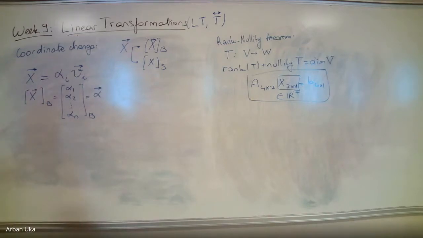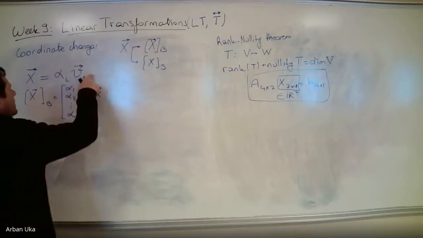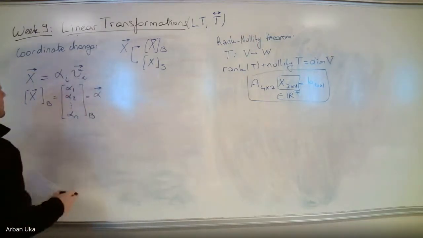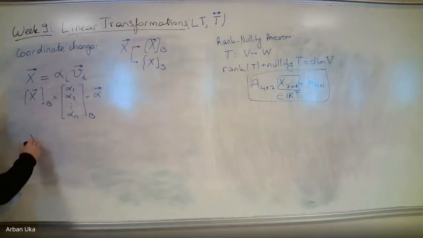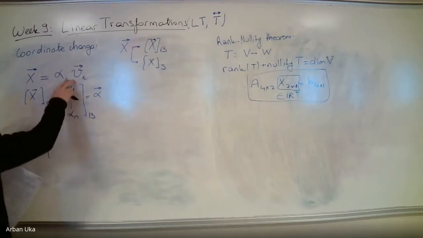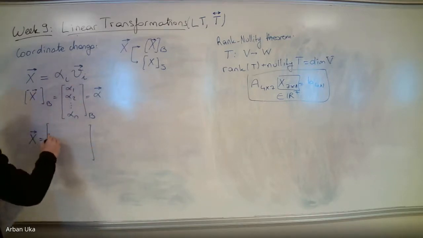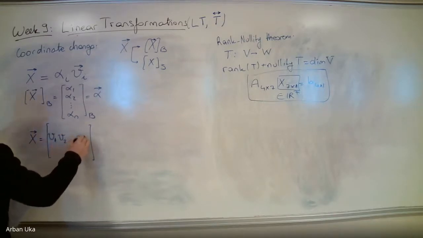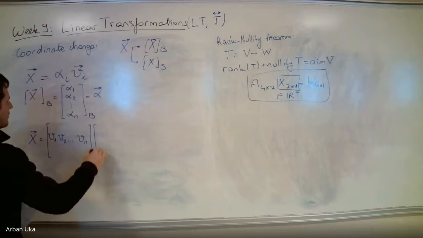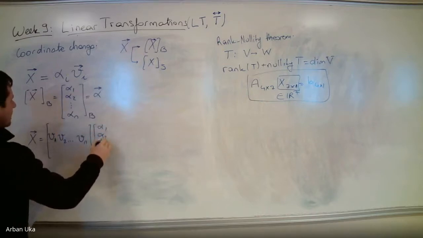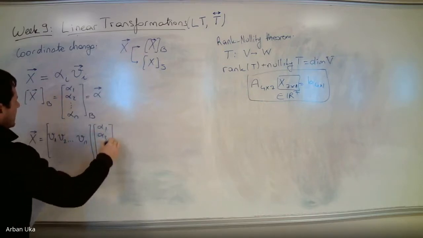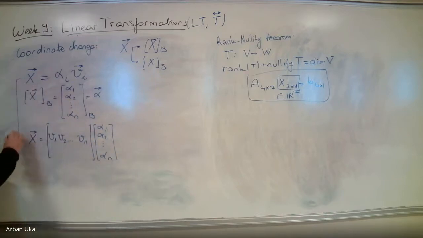Now, the way that we can see this representation is the following: this vector x is a linear combination of several columns. If we have the columns v1, v2, and vn, and we multiply them with alpha 1, alpha 2, alpha m, in principle these two expressions are equivalent to each other, okay?